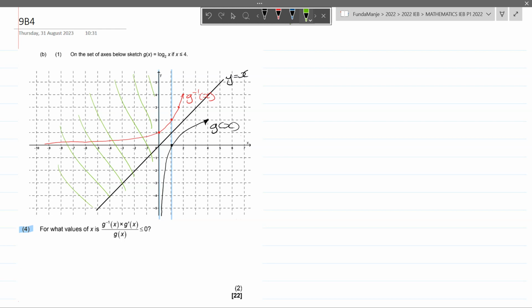Then the other thing that we're going to look at is the derivative of g. If we look at g as a logarithmic function, its first derivative across all its x values will be positive. If you approximate the tangent at any point on this graph, it will always be positive.